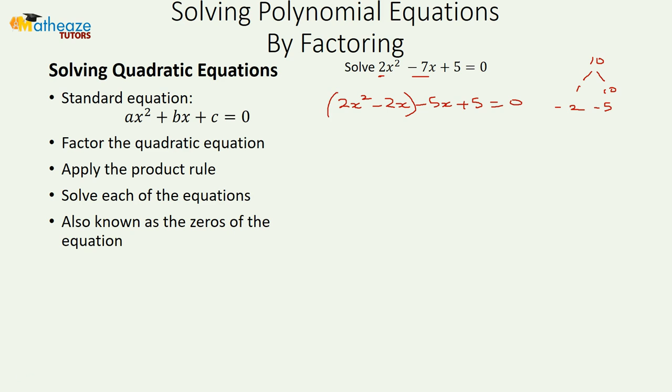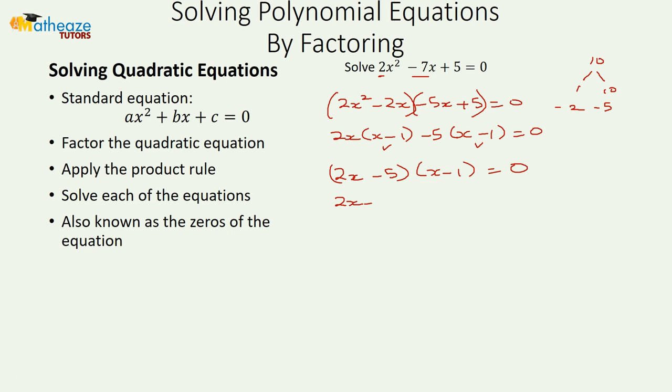Now we're going to factor by grouping. So we have 2x times x minus 1, then minus 5 times x minus 1 equal to 0. So terms in the parentheses are equal. So we have 2x minus 5, x minus 1 equal to 0. Now we have to apply the product rule.